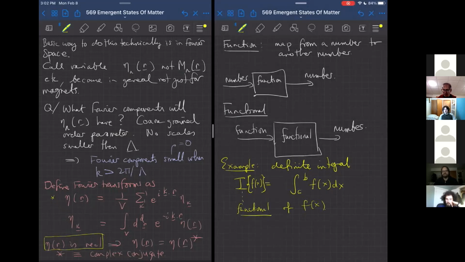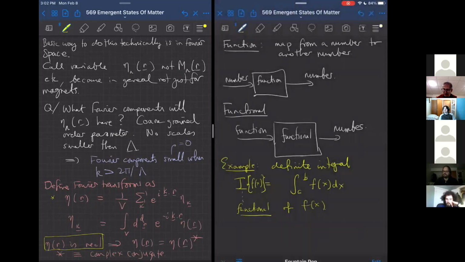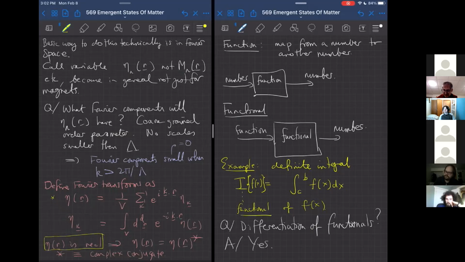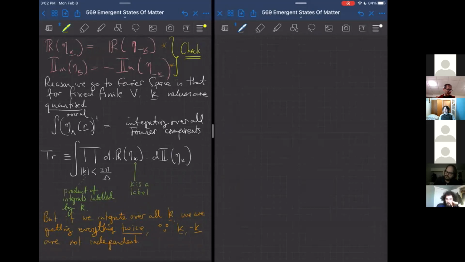Now that we've talked about what a function is, and we've talked about functional integration, you might ask, can we do differentiation for functionals? The answer is yes. So let's talk about what functional differentiation is.